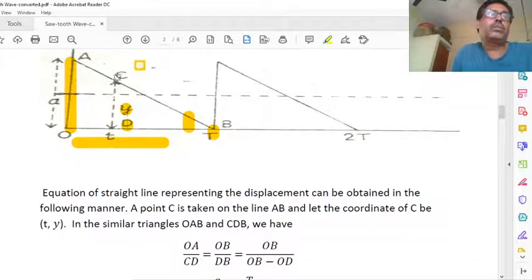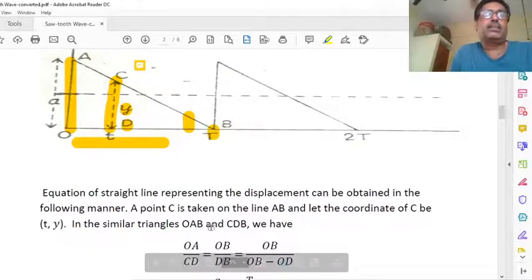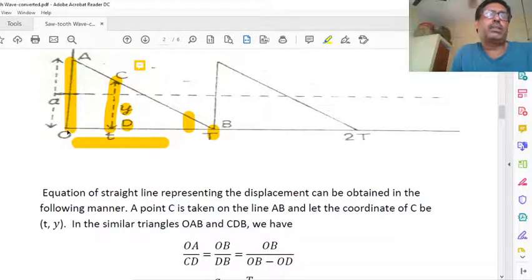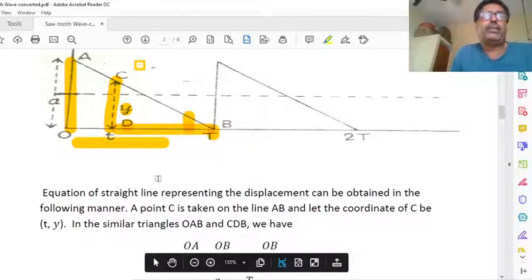So the ratio of two perpendicular sides of the two triangles equals the ratio of the bases. The base of the first triangle is OB, and of the second is DB.